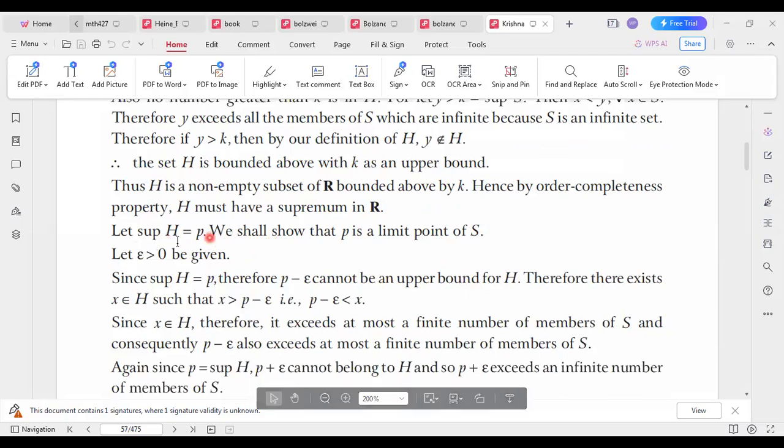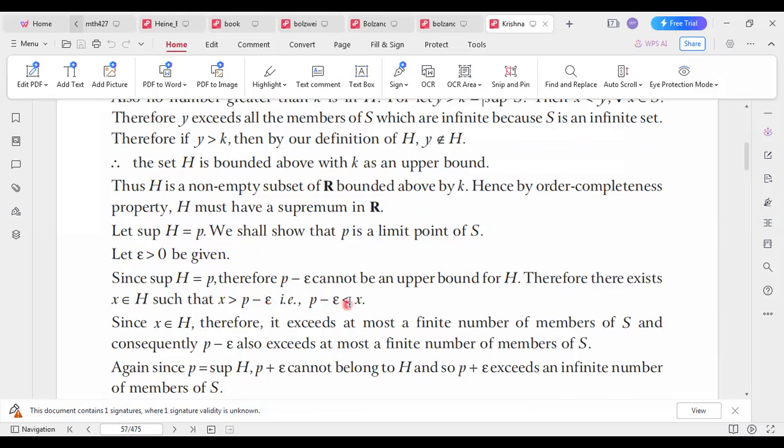Let the supremum of A equal P. We shall show that P is a limit point of S. Now let us consider epsilon greater than 0, which is very small. Since the supremum of A equals P, P minus epsilon cannot be an upper bound of A. Therefore, there exists x belonging to A such that x is greater than P minus epsilon.